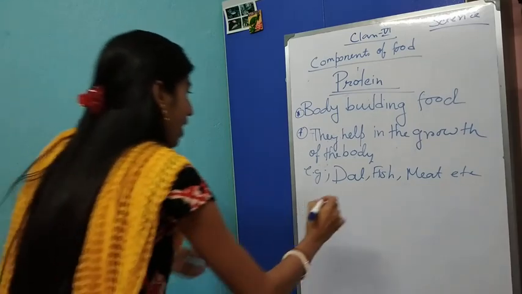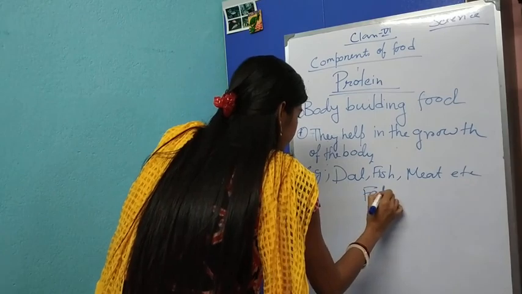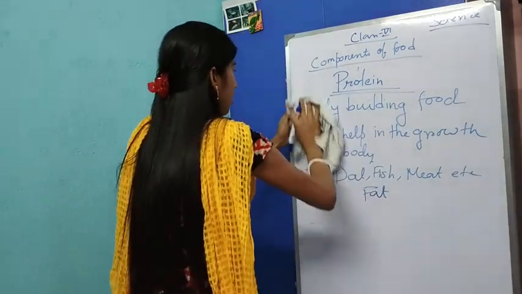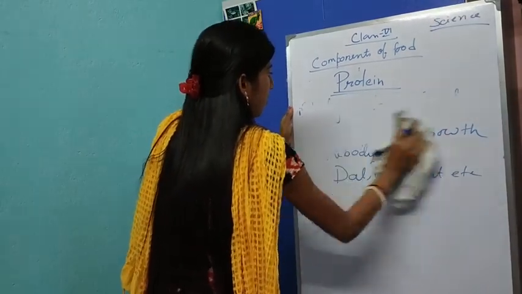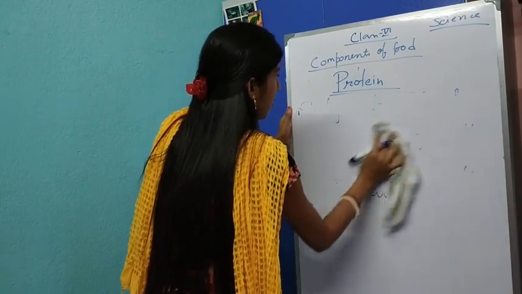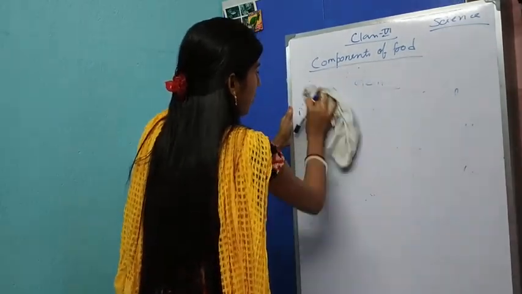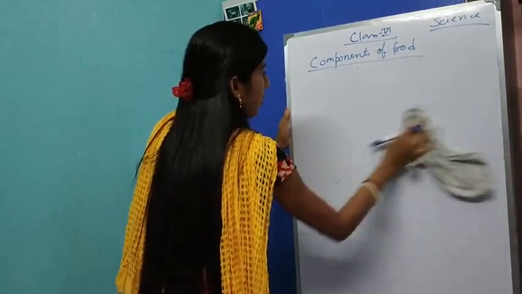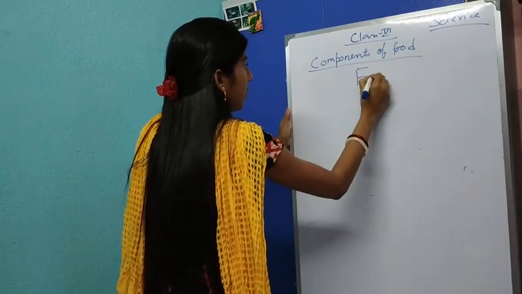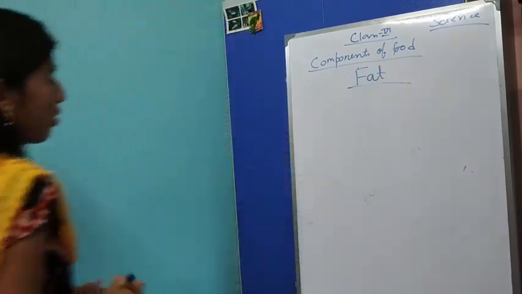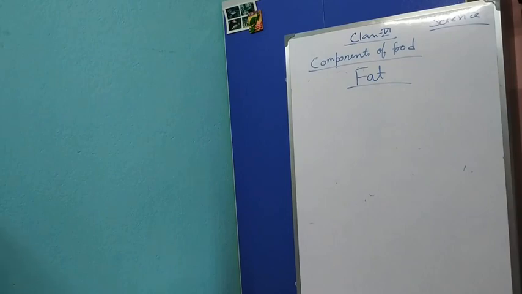Next part is fat. The next main nutrient of our food is fats.